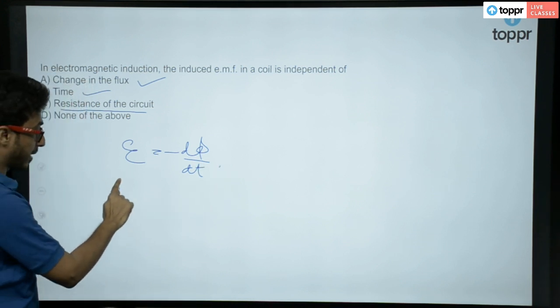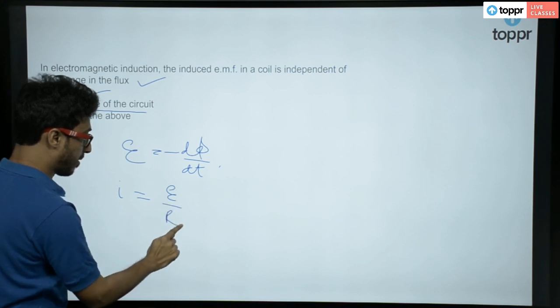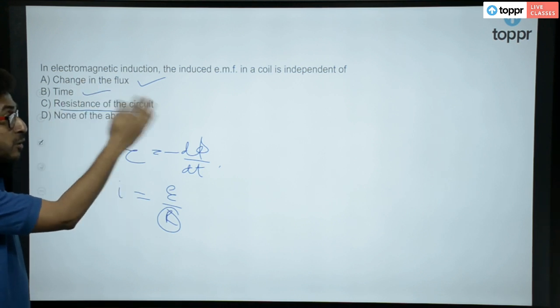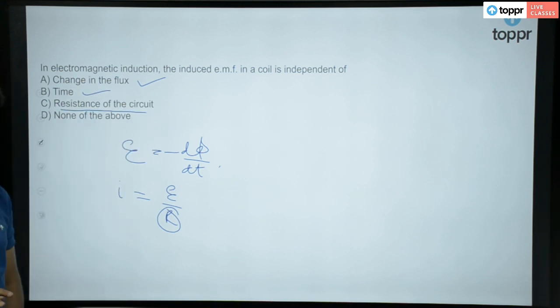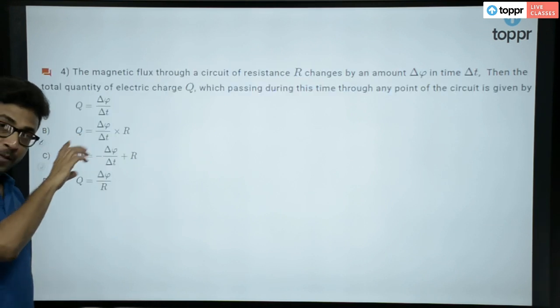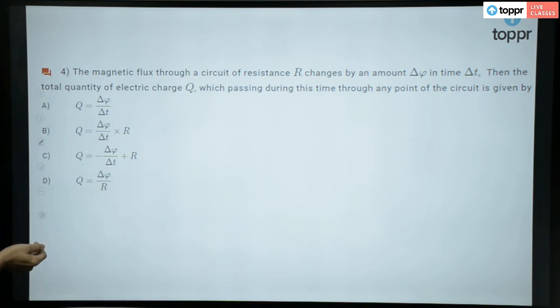If you have to calculate the current, then the parameter resistance comes. For induced EMF, it is independent of the resistance of the circuit. Clear?